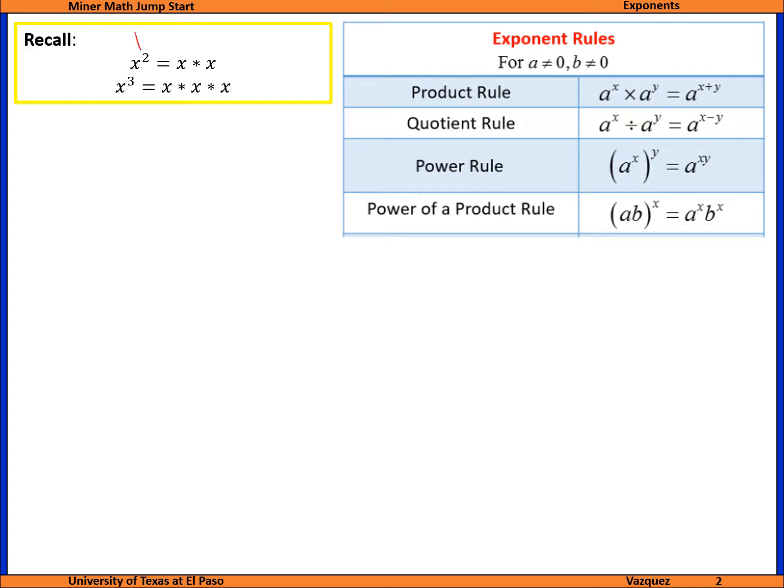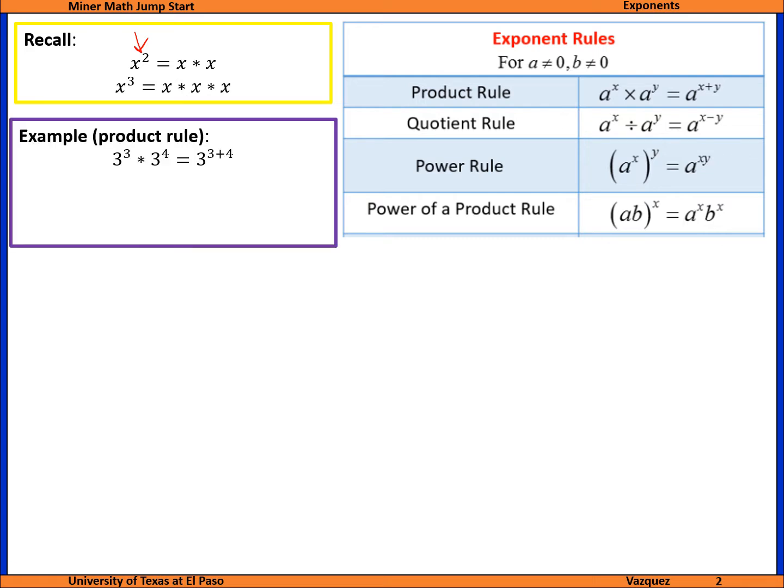If we have x squared, all that means is x times x, right? You multiply x by itself 2 times. If you have x to the third power, you multiply x by itself 3 times, and so on and so forth. So let's go ahead and look at an example.